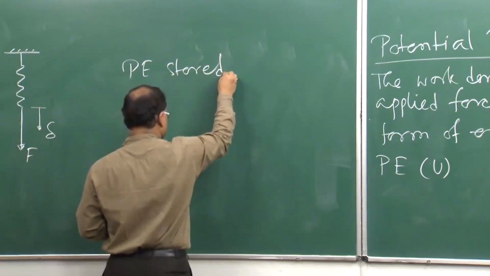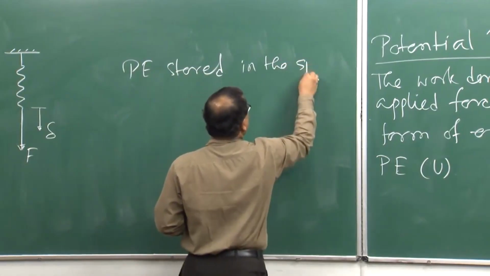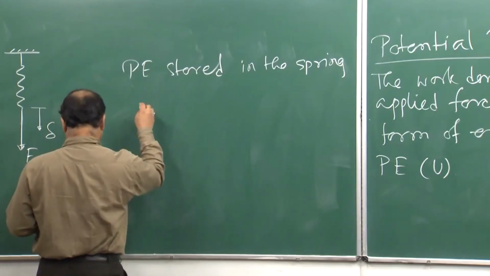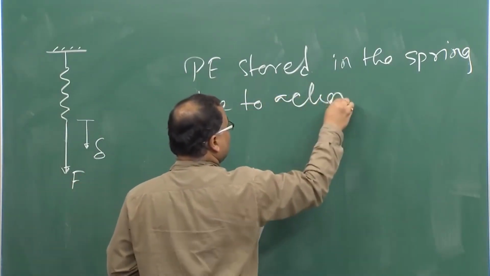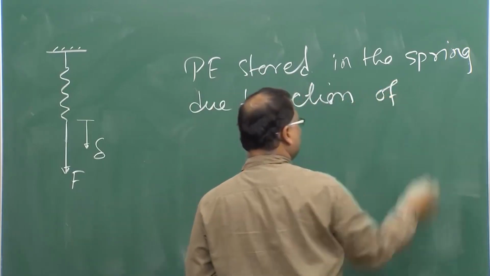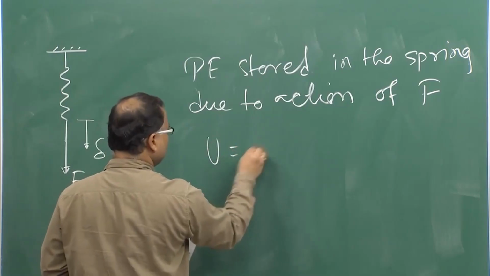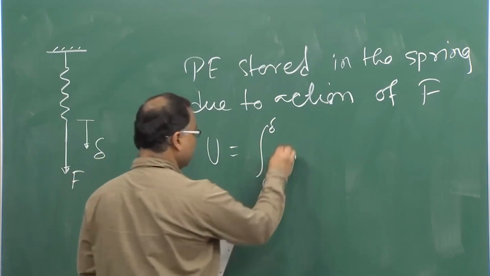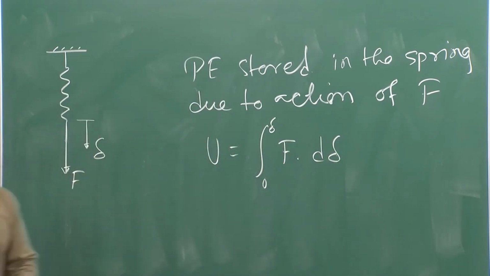So, the potential energy stored in the spring due to the action of force F is nothing but U, given by the integral from 0 to delta of F d delta, that you know.